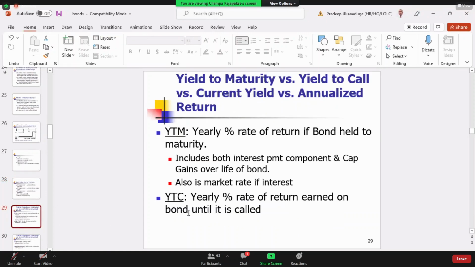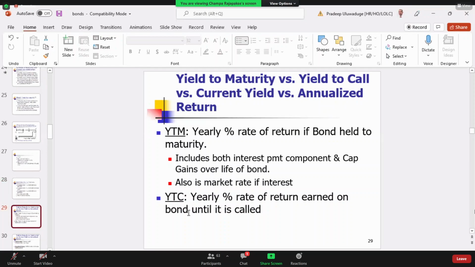Then we move on to something related to yield to maturity. We are going to dissect yield to maturity and see yield to maturity versus yield to call versus current yield versus annualized return. YTM, yield to maturity, is the yearly rate of return if the bond is held to maturity.